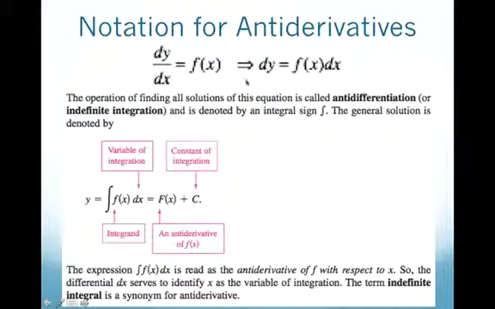So this is some technical aspect of what we're doing, and a lot of this exists because although we can find antiderivatives fairly easily, sometimes fairly easily, there's a lot of cleaning up that had to be done with calculus, and this is one of the things that they had to do.